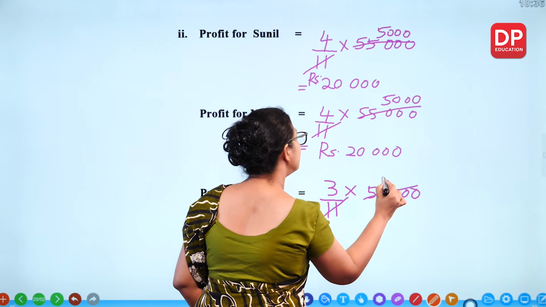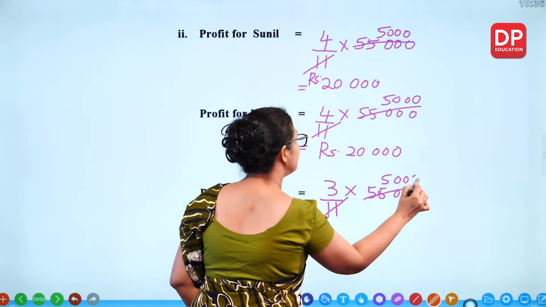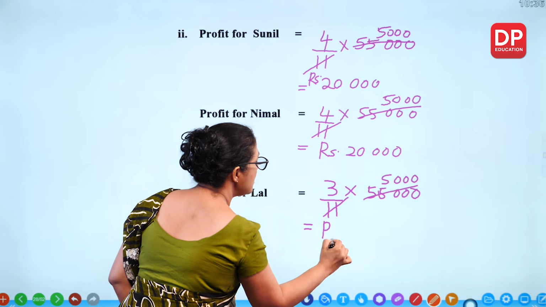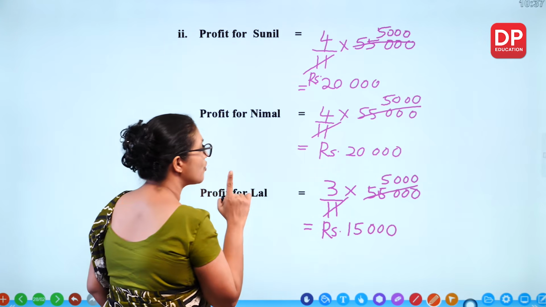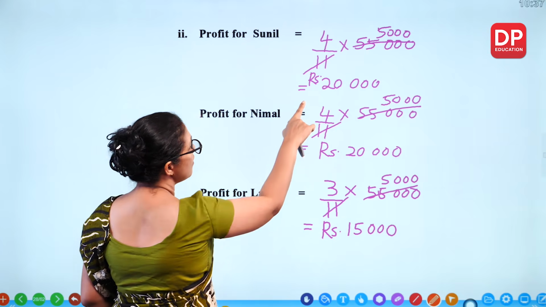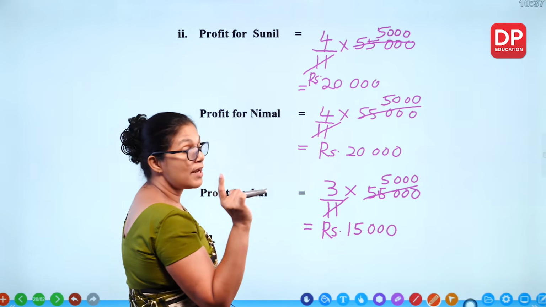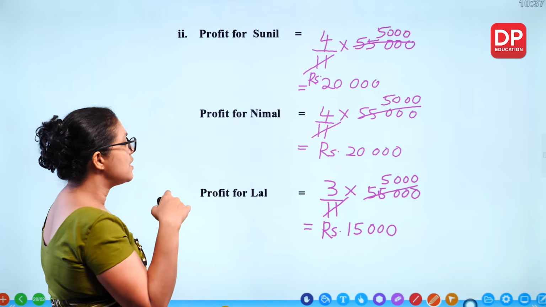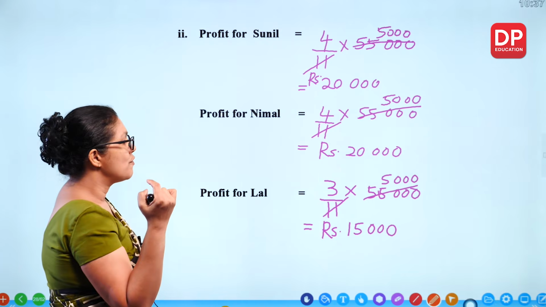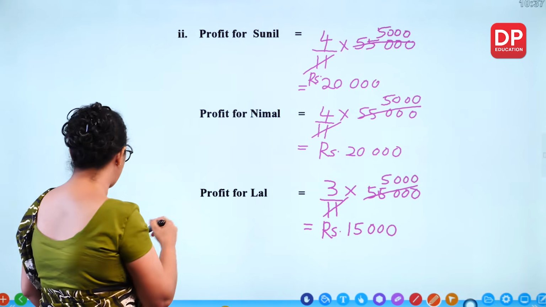So what's the value? You get 15,000 rupees. So you can check by adding all these three, you need to get 55,000. So 40 plus 15, 55. So 55,000 rupees.